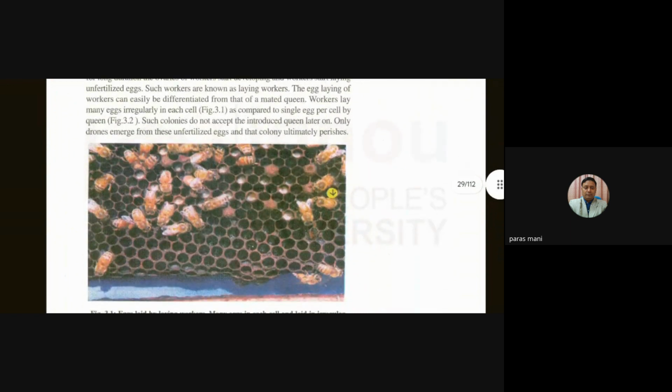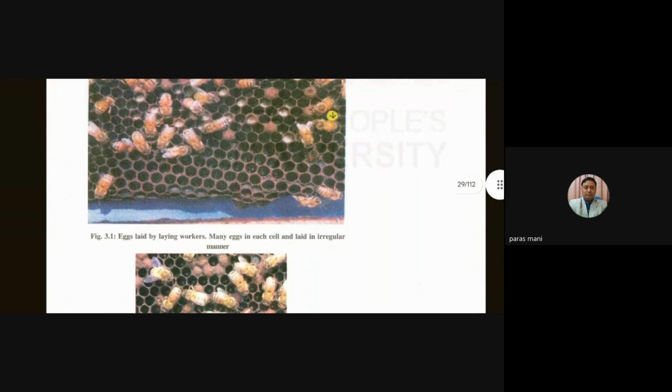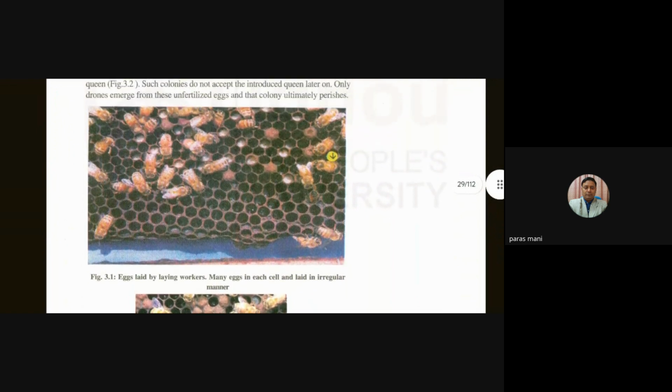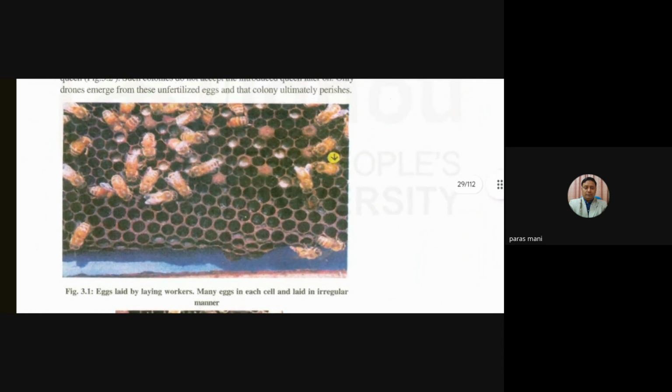Most of the things I have explained earlier. This is a photo showing the eggs laid by the laying workers. That is, if the colony is queenless, you can identify the eggs laid in each cell when you observe.